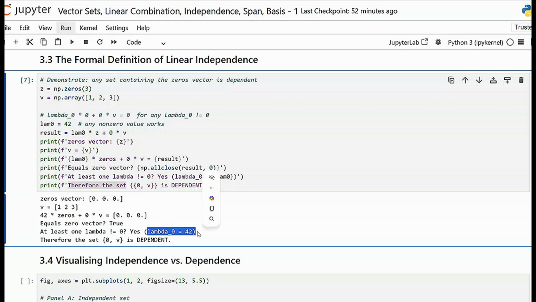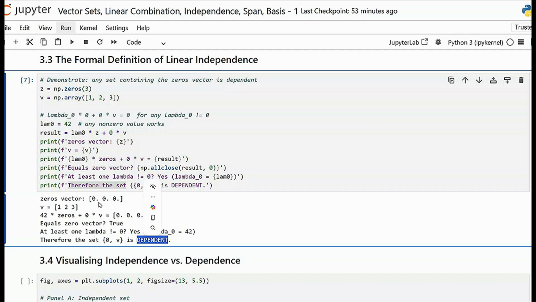And lastly, the zero vector always satisfies the condition trivially. So any set containing the zero vector is automatically dependent. Dear friends, here we are making use of this zero vector because it contributes no direction, no magnitude, no information.